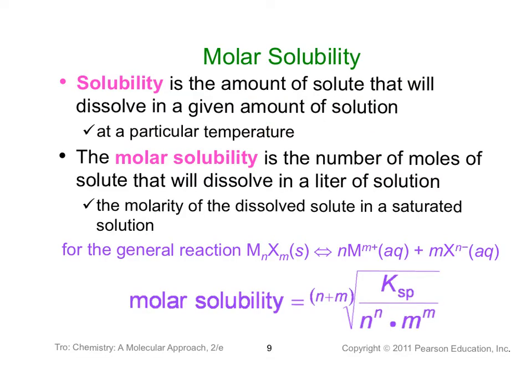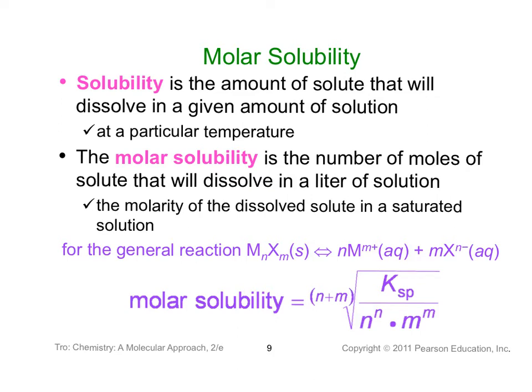So normally what we're solving for, right, is the solubility of the solute that's going to dissolve in a given amount of solution. And it's going to be at a particular temperature. We know that because the Ks are always at a specific temperature. The molar solubility is the number of moles that will dissolve in a liter of solution. And so when we say that we're solving the equilibrium, the Ksp, and we're simply doing it for the concentrations, we are looking for a molar solubility.